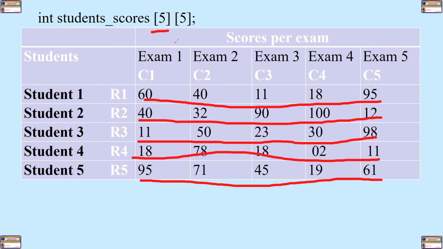But how many elements are in each of those rows? How many elements per row? The number of elements is 1, 2, 3, 4, 5, and they are the same in every row. So we put that in the first subscript, 5 elements.